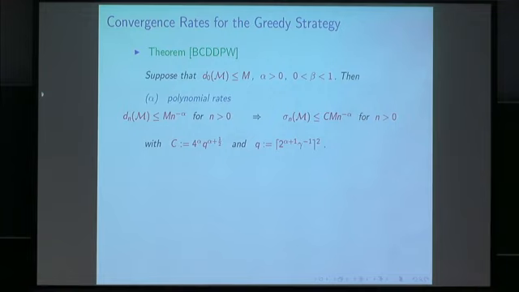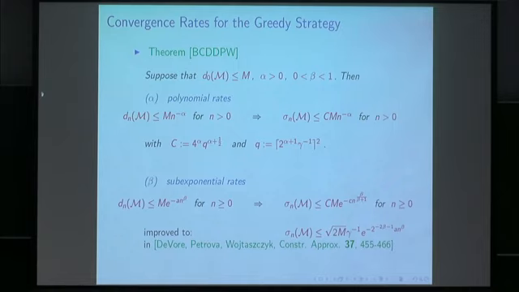The same results we receive for sub-exponential rates when we have e to the negative a times n to the beta, where beta is a number between 0 and 1.